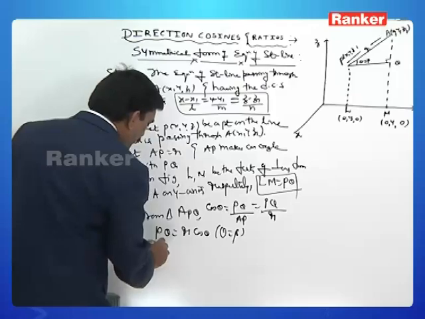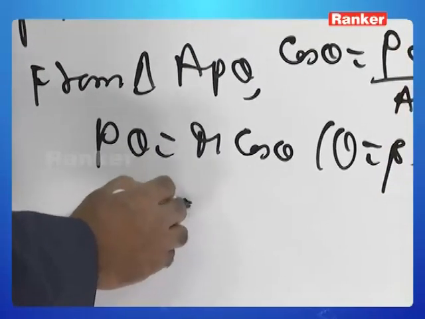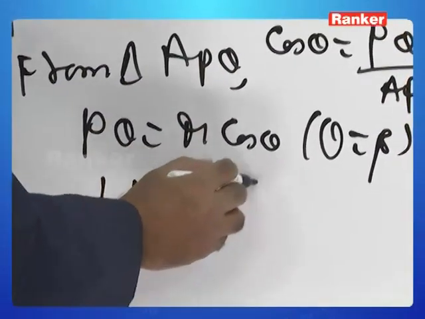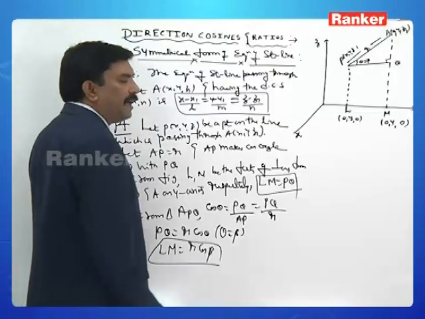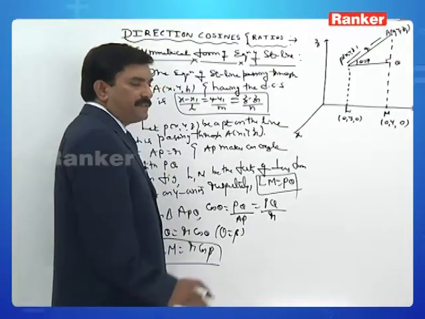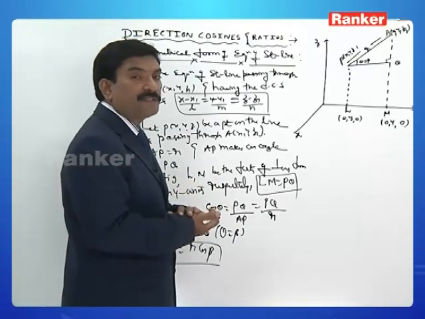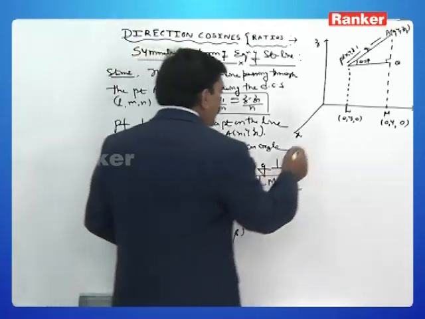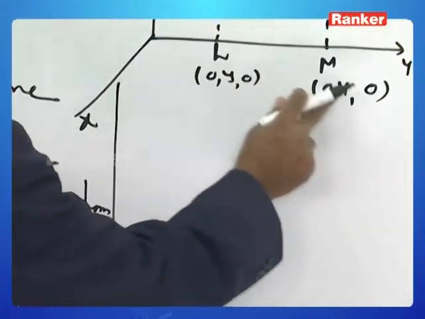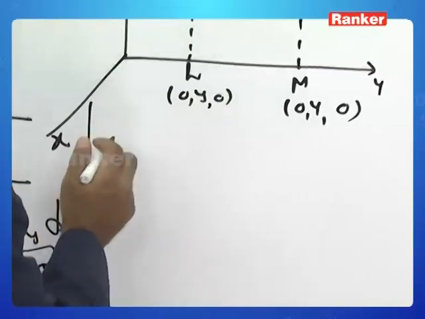So therefore, PQ is nothing but LM. LM is nothing but R into cos beta. Here LM is the distance between these two lines.